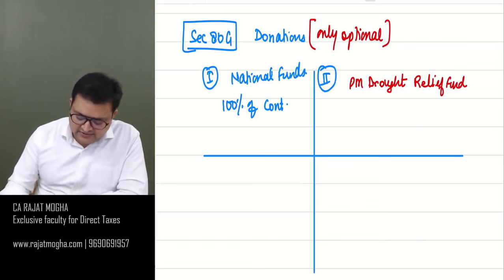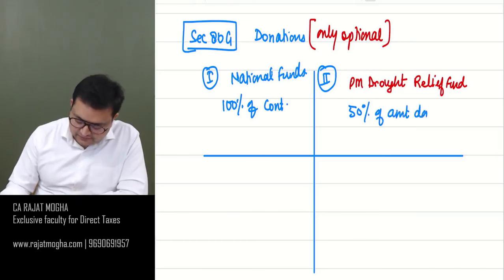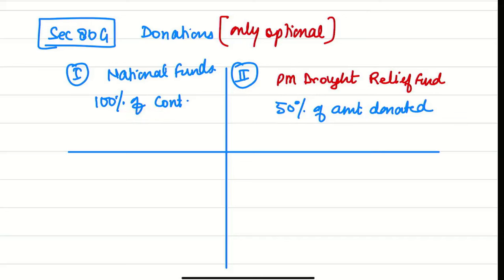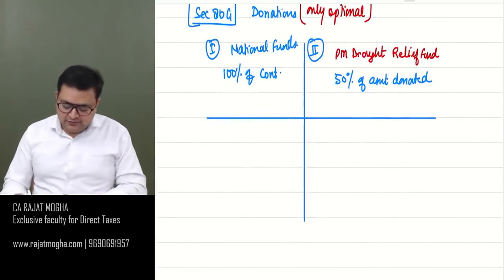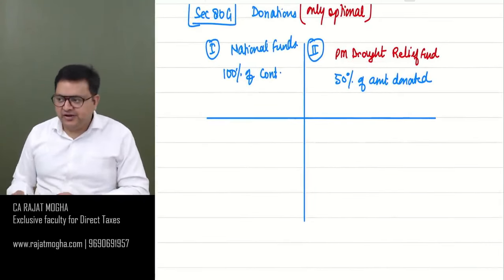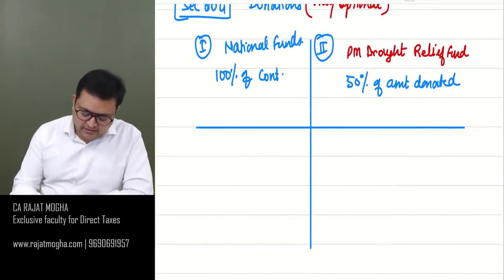Here the deduction is 50% of the amount donated. So if you donate to the first category, you will get 100%. If you donate here, you get 50%. Got it? So here it's very easy, Prime Minister Drought Relief Fund.